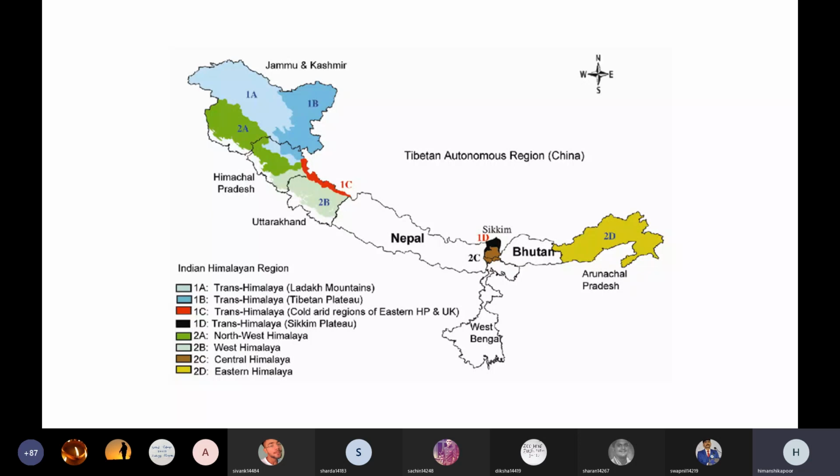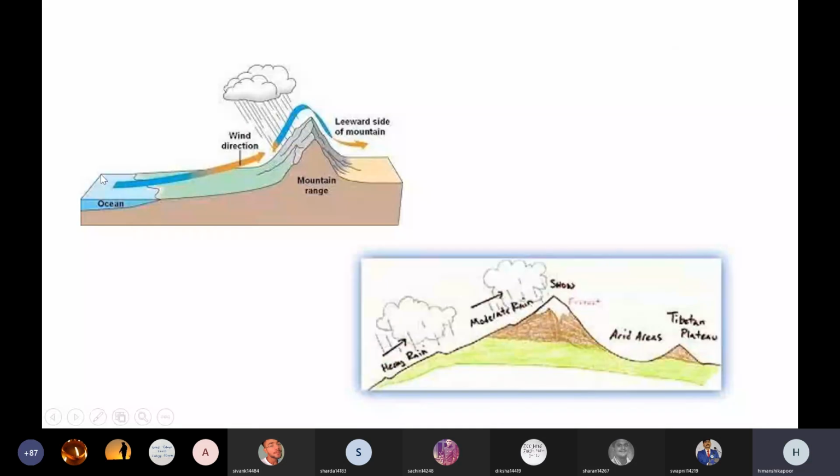You can see these zones are known as Trans-Himalaya. That means the Himalayan mountains would be blocking the moisture-laden winds, blocking the monsoon. So there will be less precipitation. So these would be arid regions, which form on the mountain.